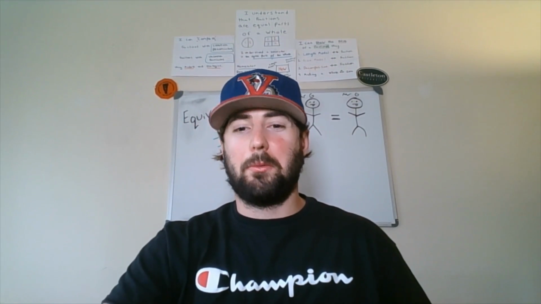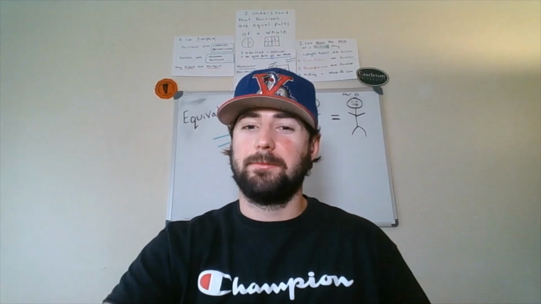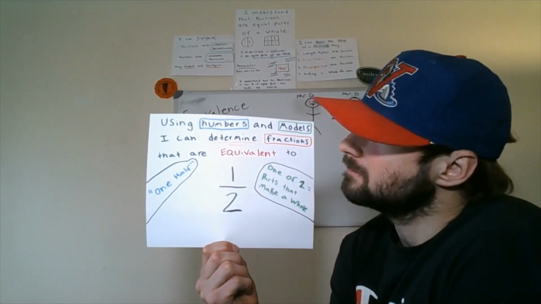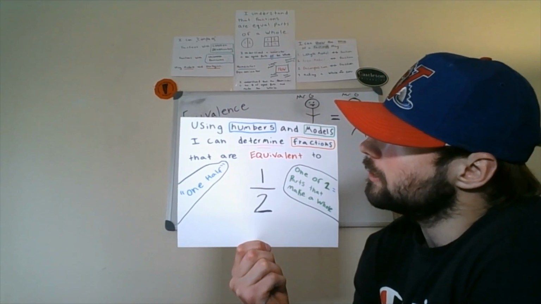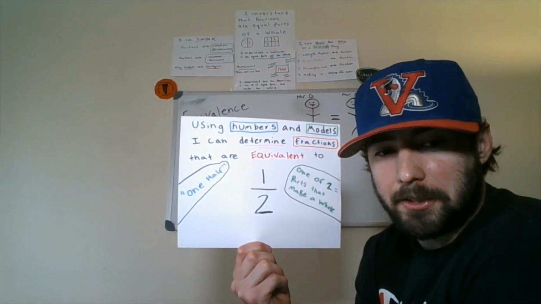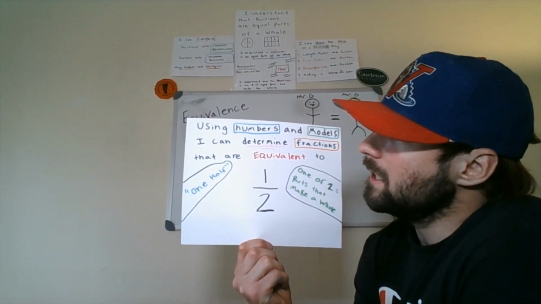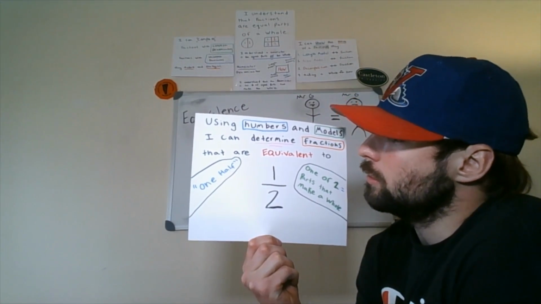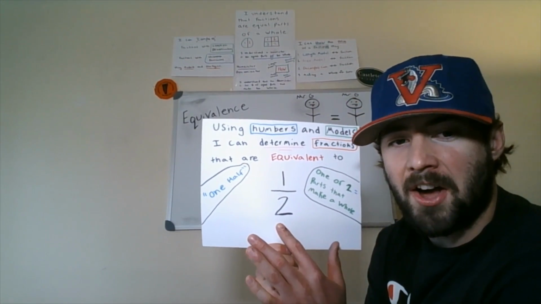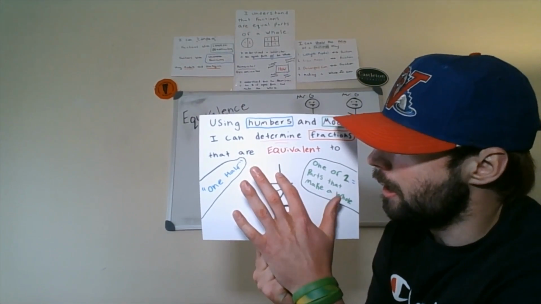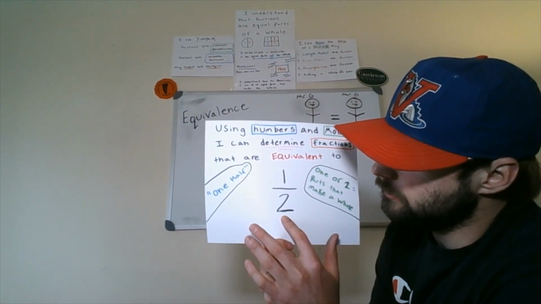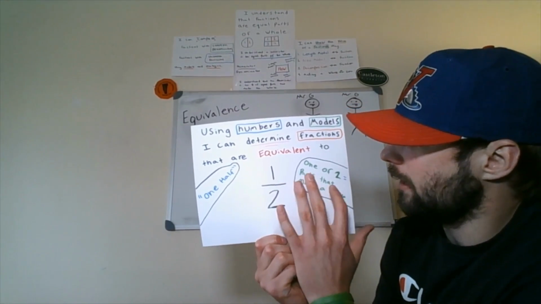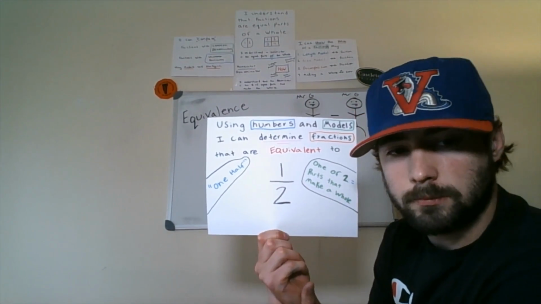All right, guys. With the suggestion of the editor, here's today's learning target. Using numbers and models, gotta love those models, I can determine fractions that are equivalent to 1 half, 1 over 2. One of 2 equal parts that make a whole.